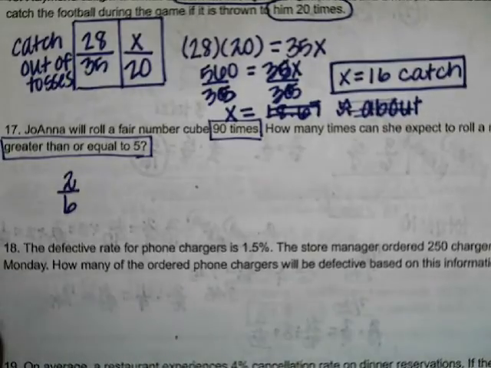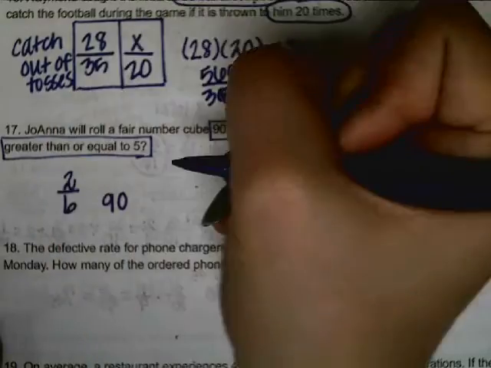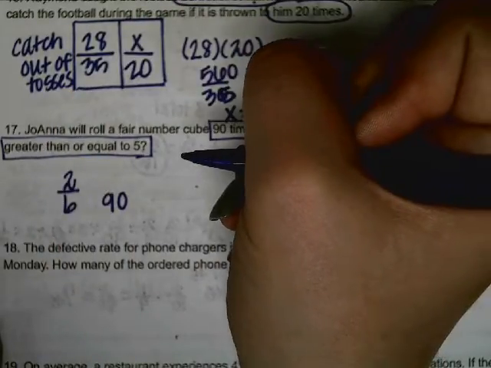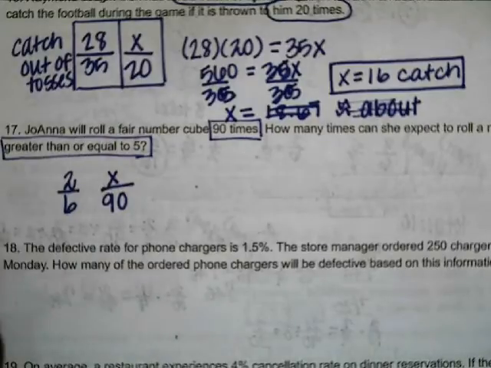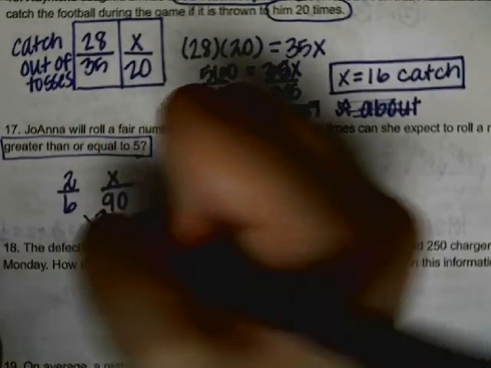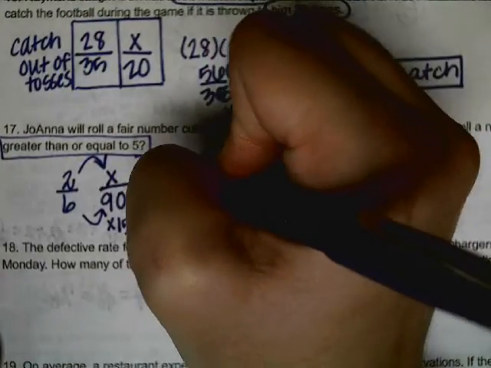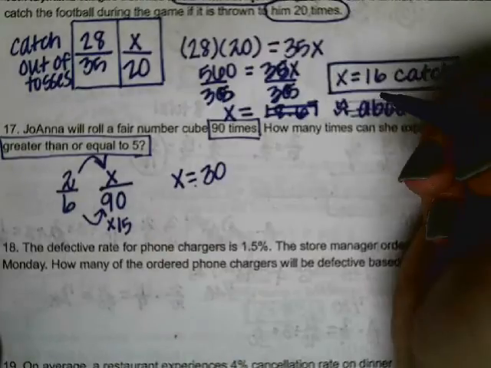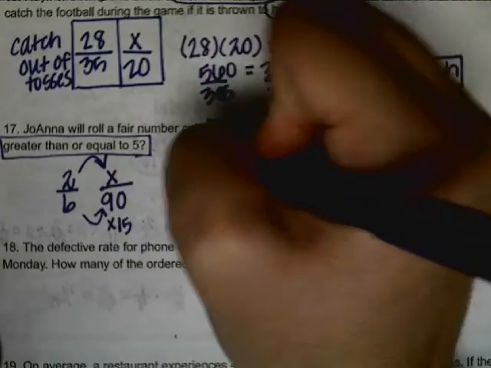What we want to know is if she rolled 90 times. We know that 6 times 15 equals 90. What we do to the bottom, we do to the top. So we should expect her to roll a number greater than or equal to 5 30 times.